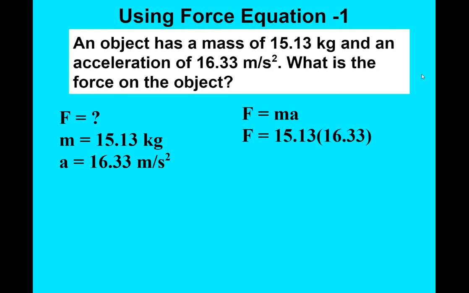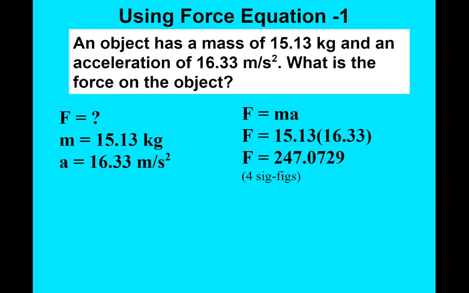Force equals the mass, 15.13, times the acceleration, 16.33. You do some calculator work, and this is what you get. Now, you're going to have to round this, and remember significant figures.